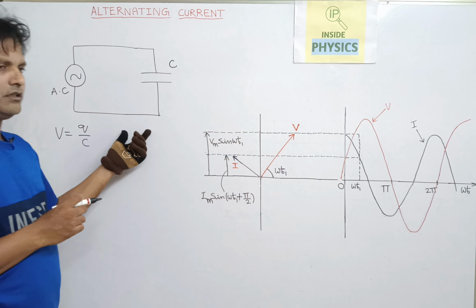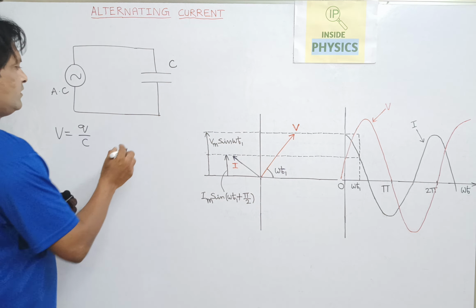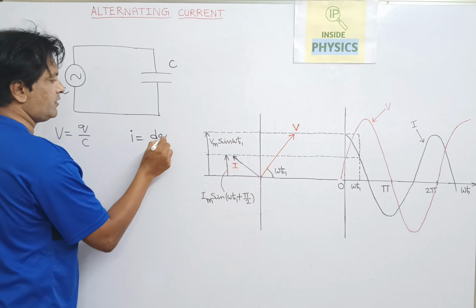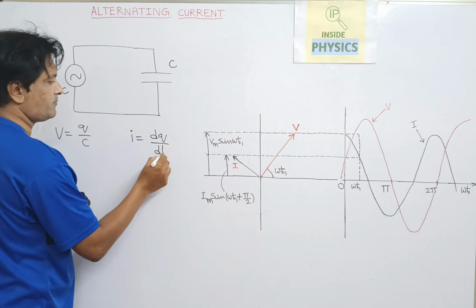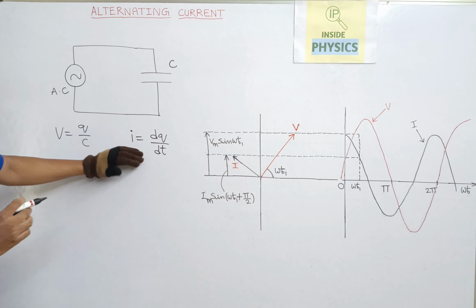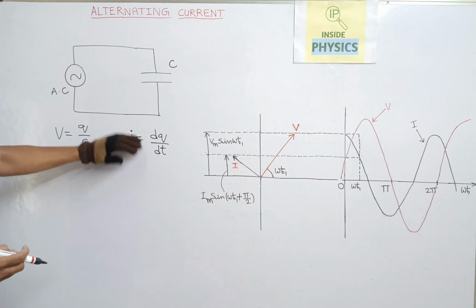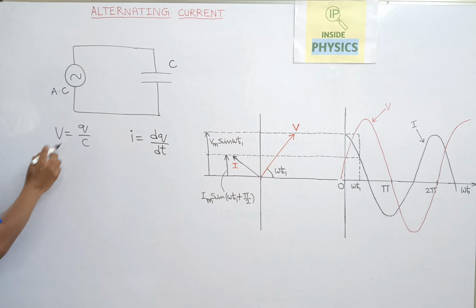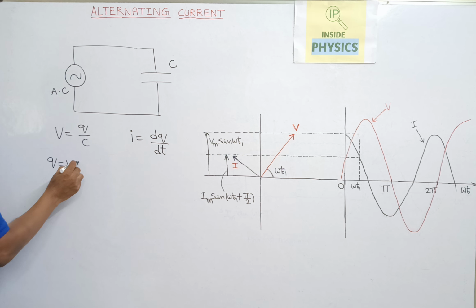We use the formula I is equal to the rate of change of charge with respect to time, to calculate the current in this circuit. So here, Q is equal to VC.